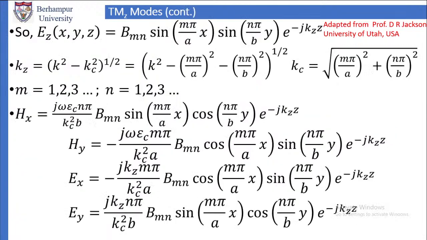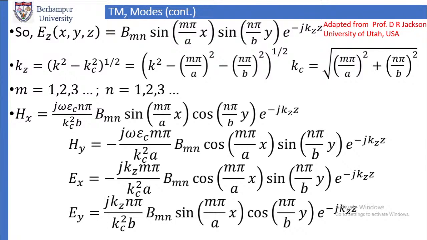So now we have got everything. What is Ez? Ez is equal to Bmn sine m pi by a x into sine n pi by b y into exponential minus j kz z.